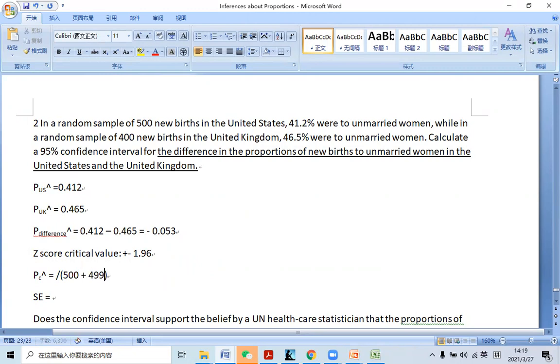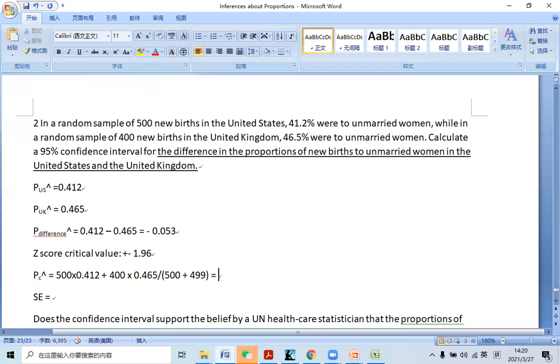So you have a total of 900 people. Out of the US sample, 0.412 are single mothers. And out of the 400 people from the UK, 0.465 are single mothers. And what is the combined proportion?